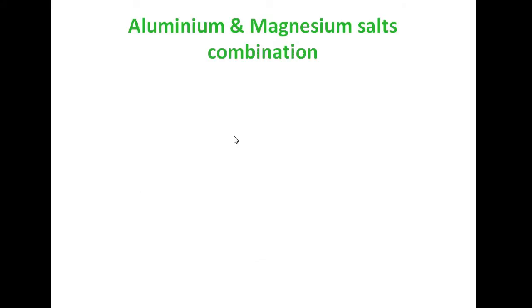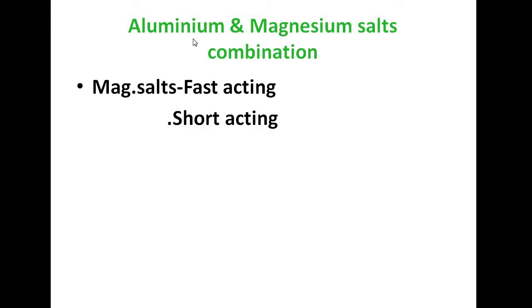The next, coming to the most commonly used combination antacid, contains aluminium and magnesium salts. This is a 3-mark question. Give reason. Aluminium and magnesium salts are used in combination as antacids. Magnesium salts are fast-acting, aluminium salts are slow-acting.